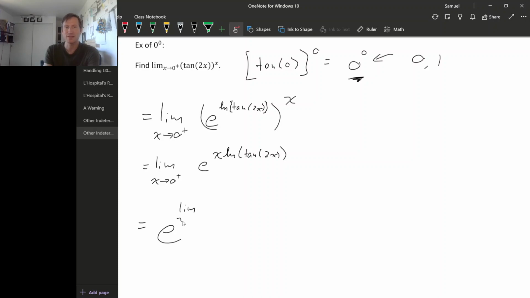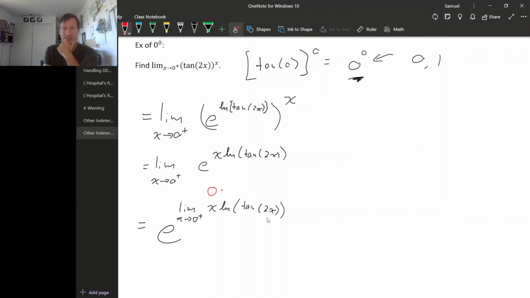Right? That's an okay thing to do because the e to the x function is continuous. So e to the limit as x goes to 0 from the right of x natural log tangent 2x. Okay, so is this an indeterminate form? What exactly is it? Well, x is going to 0 from the right, so this x in front, that's going to 0.